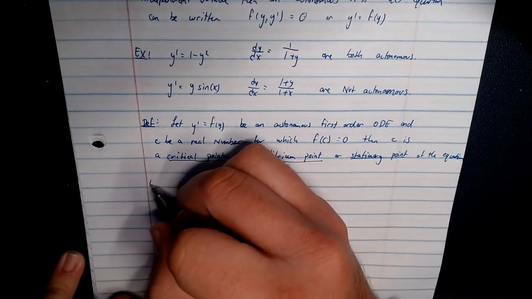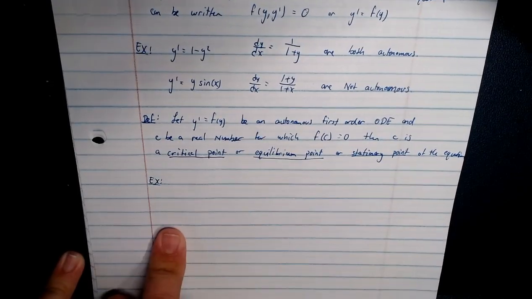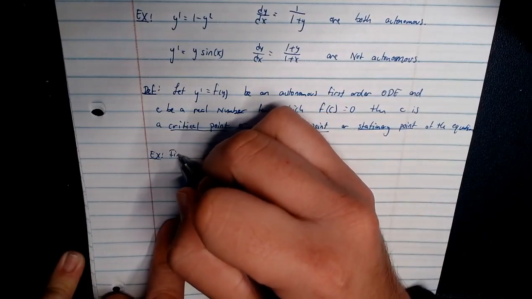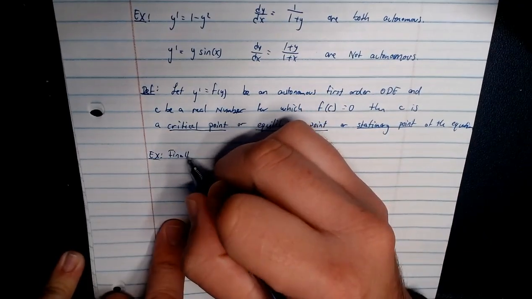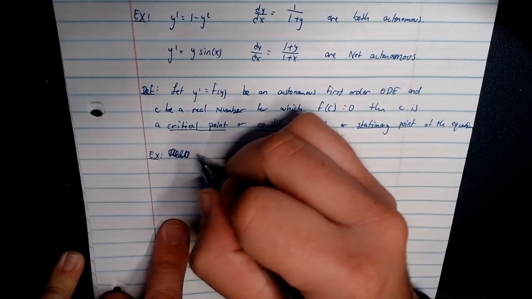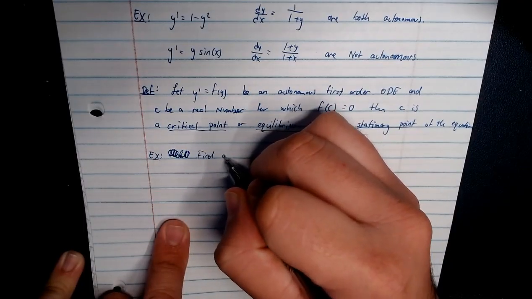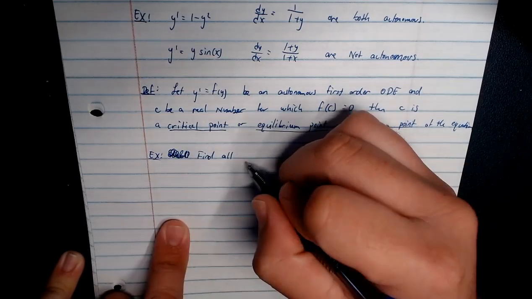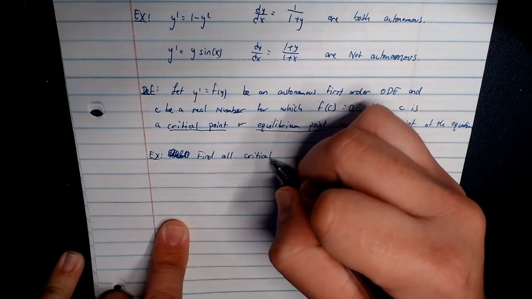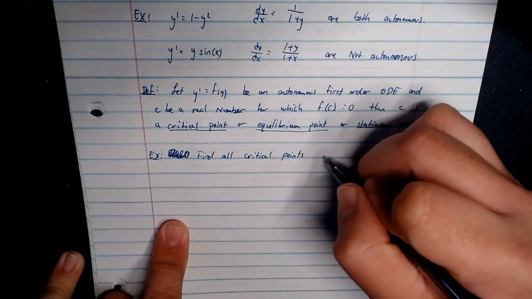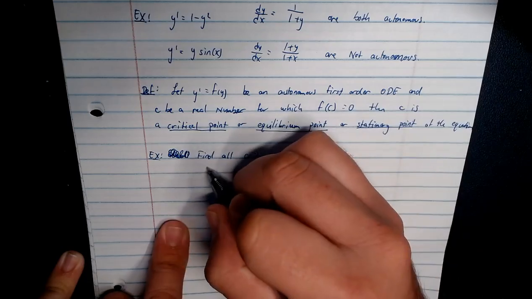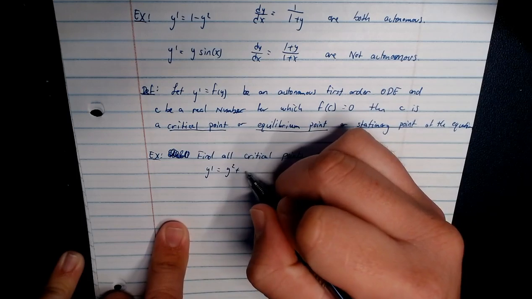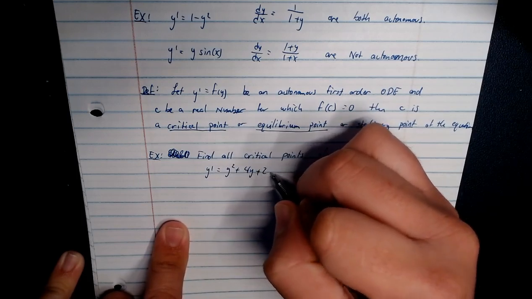So for example, and this really is about as simple as it sounds, you're back to algebra. The question is, find all critical points of y prime equals y squared plus 4y plus 2.